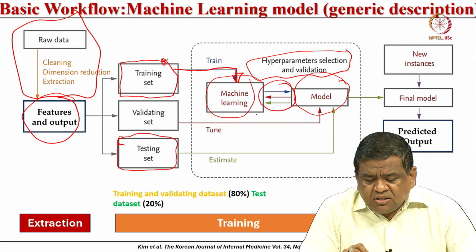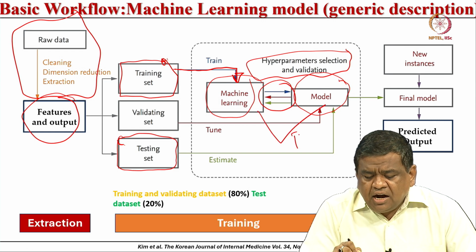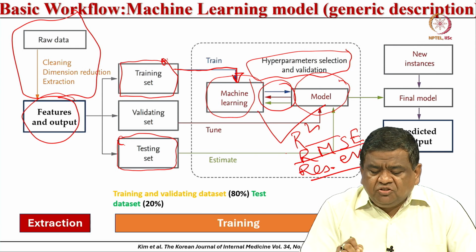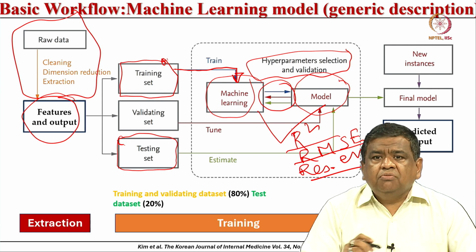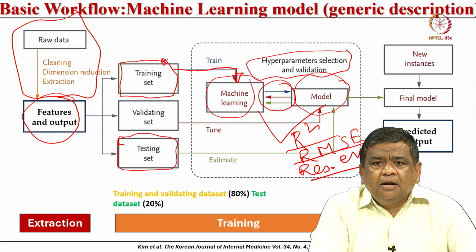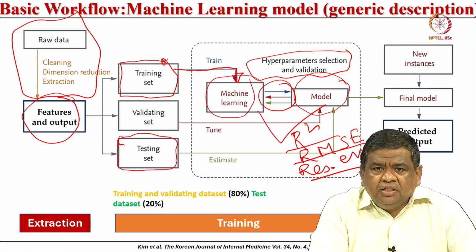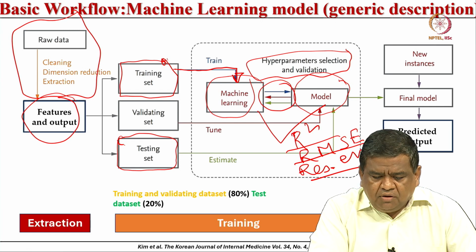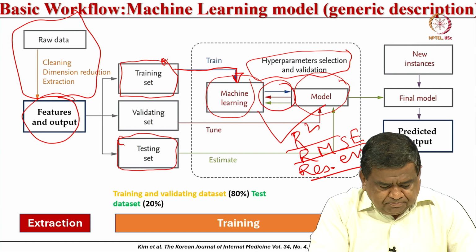This performance is measured by 3 metrics: one is R square, one is RMSE, and one is the residual error analysis. These 3 metrics we use for the performance metric analysis of the different machine learning models.